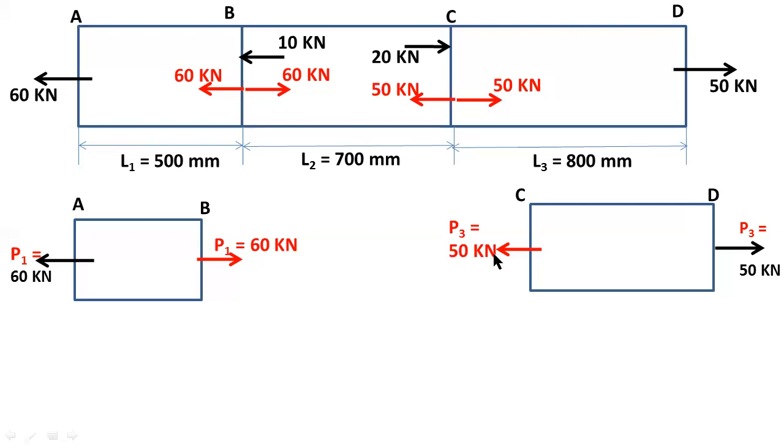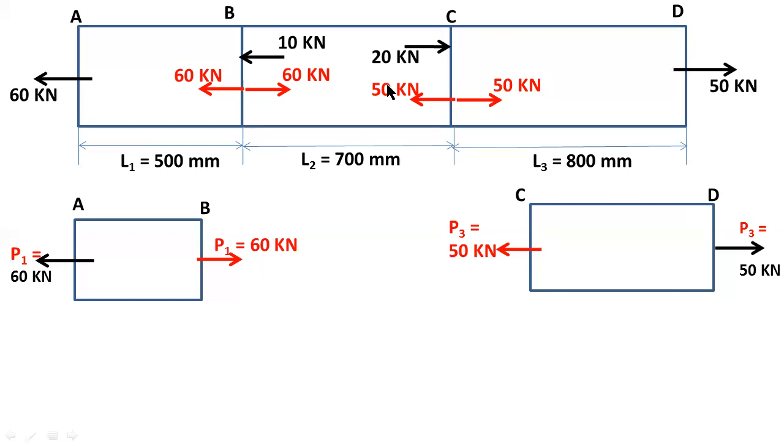So the load acting on the bar CD equals 50 kilonewtons, and these two are in equal and opposite directions. Now you can easily find the stress induced in the bar CD. The load acting on bar AB equals 60 kilonewtons, and the load acting on bar CD equals P3, 50 kilonewtons.